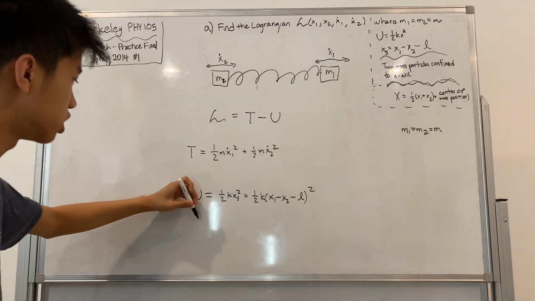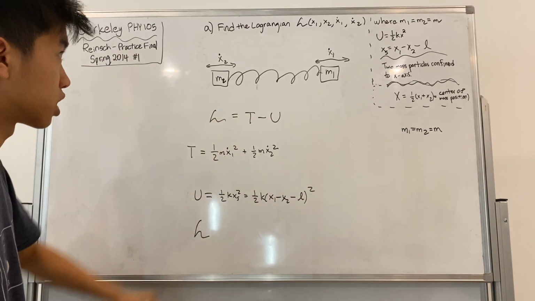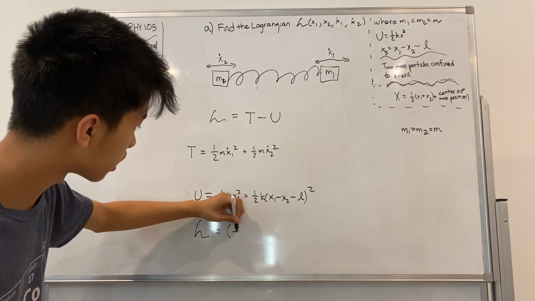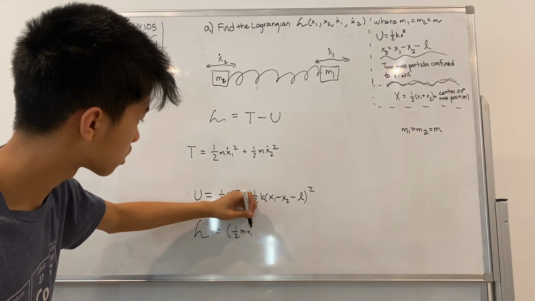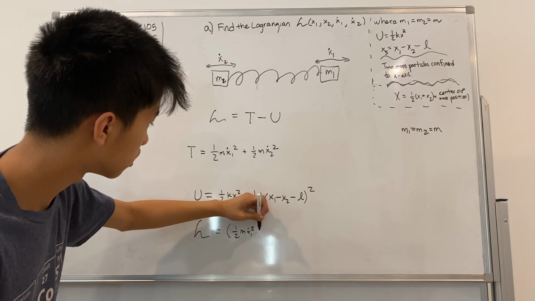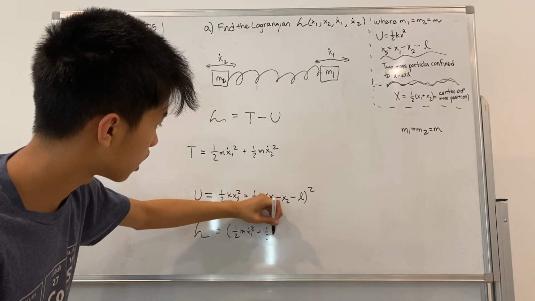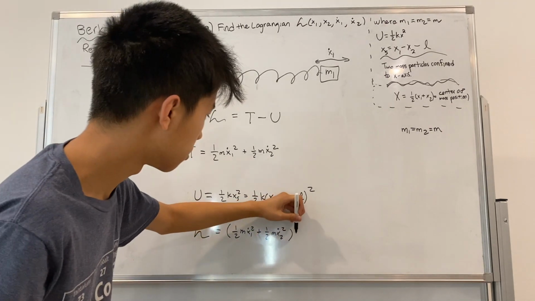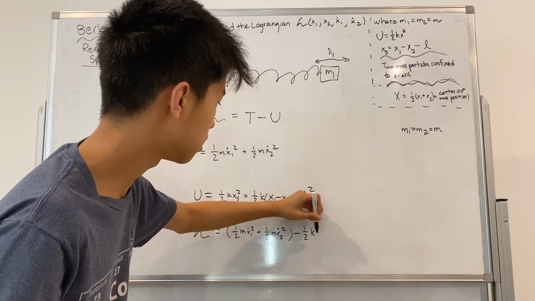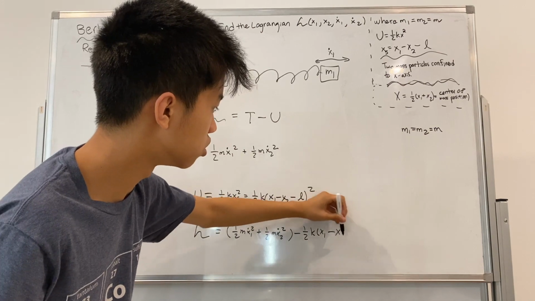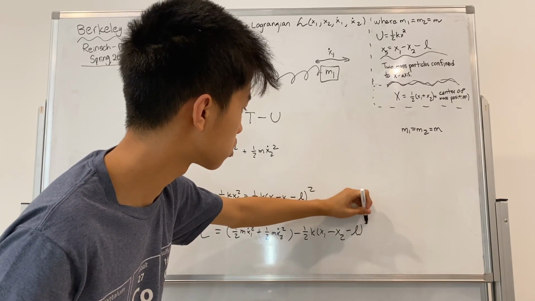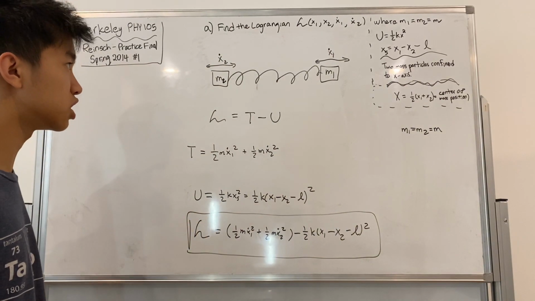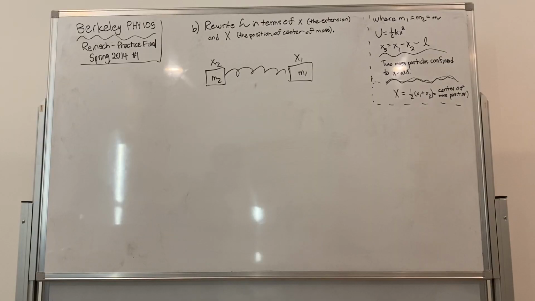So our Lagrangian in terms of x1, x2, x1 prime, x2 prime is 1/2 m x1 prime squared plus 1/2 m x2 prime squared minus 1/2 k (x1 minus x2 minus L) squared. So that's easy points.